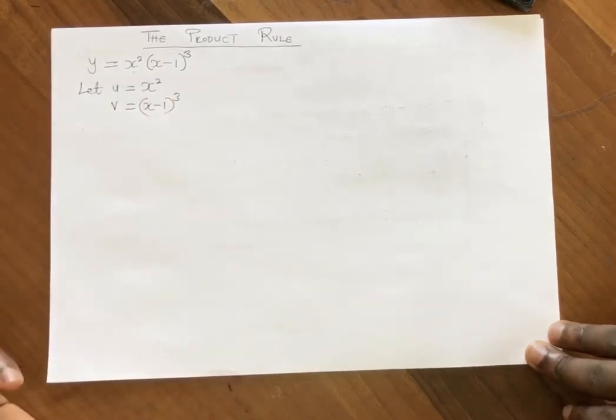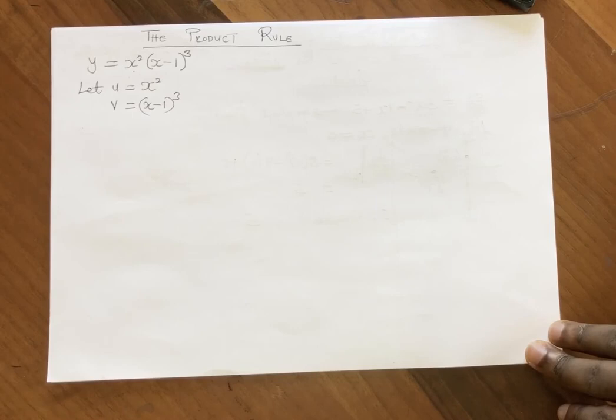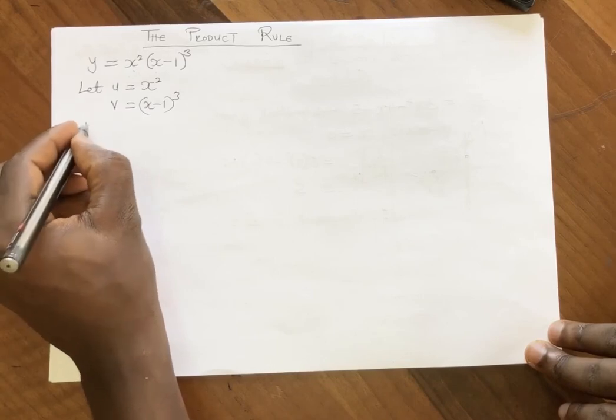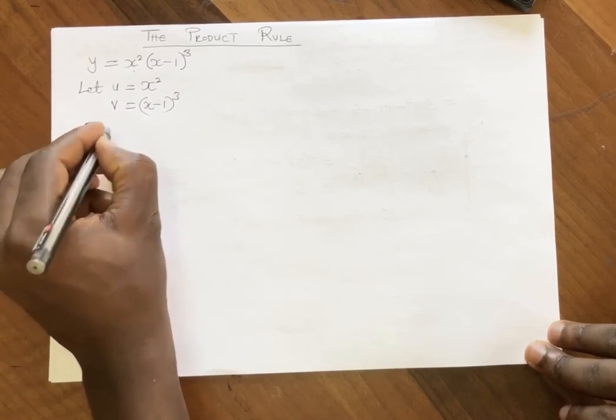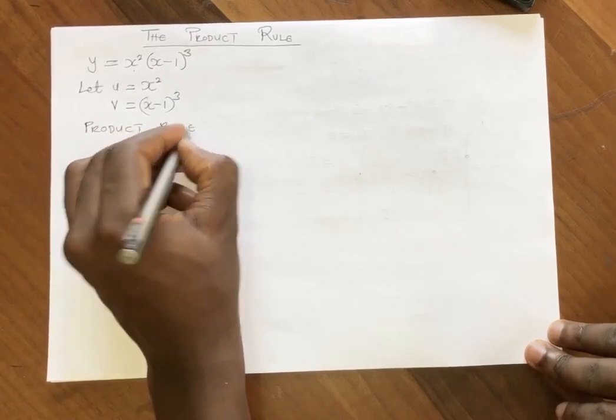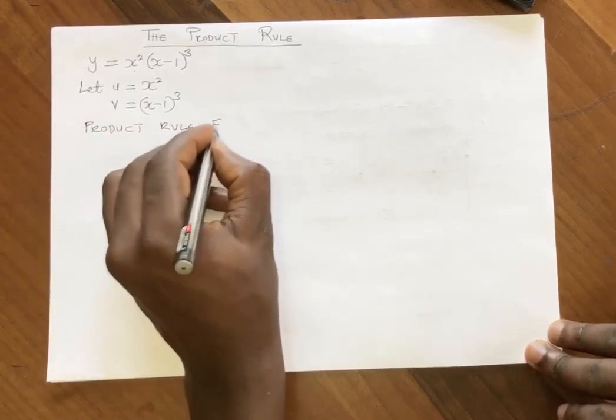So for us to differentiate, we have a formula that we use, and that is called the product rule formula.